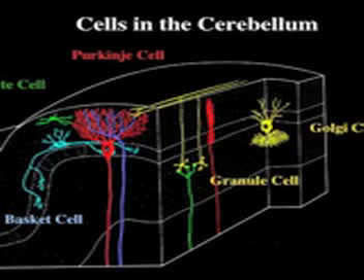Notice also that different neurons tend to impinge on the Purkinje cell dendritic processes in different ways. So that the basket cells tend to synapse with the Purkinje cells around the cell body, and they tend to encase the Purkinje cell in a basket of axonal processes.